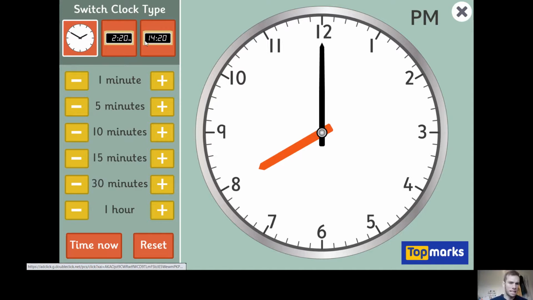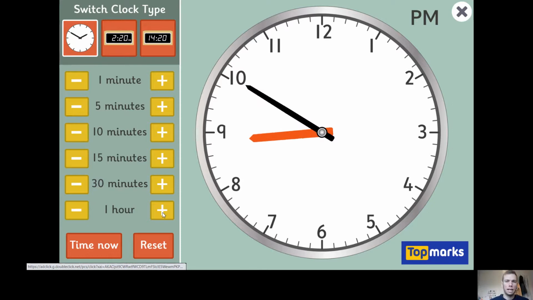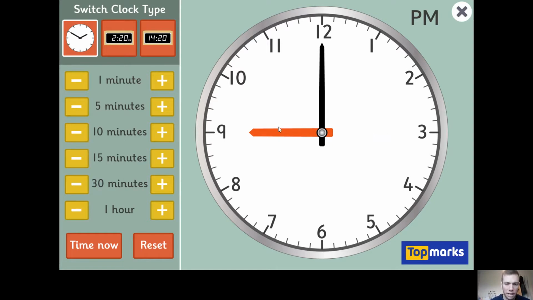Now, we needed to see what time Emma and Ravi went to sleep. And Emma was going to sleep at this time that I now have shown on my clock. To tell the time, I need to have a look at the hour hand first. So I'm going to look at my hour hand and I'm going to look at the number it is pointing to.